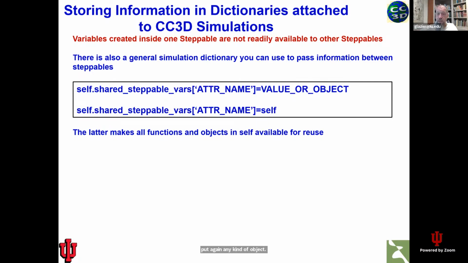There's a trick that's, again, very Pythonic. And as I mentioned, it's something you can do even with very complex systems, like we want every cell to run TensorFlow. And that is, if you're inside of a steppable and you assign self to shared steppable vars, all of the functions and objects in that steppable then become available for reuse.